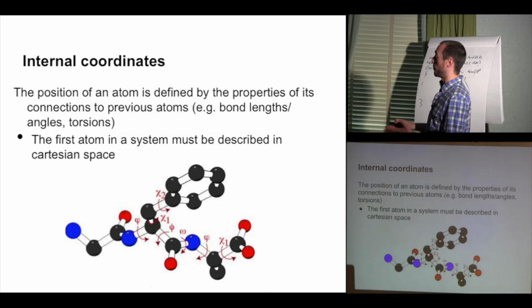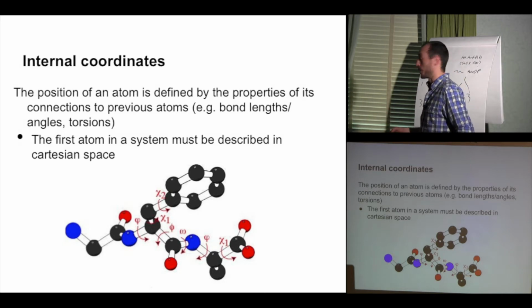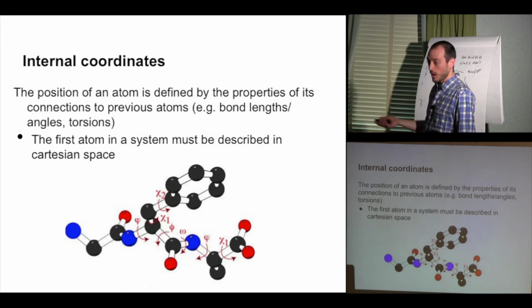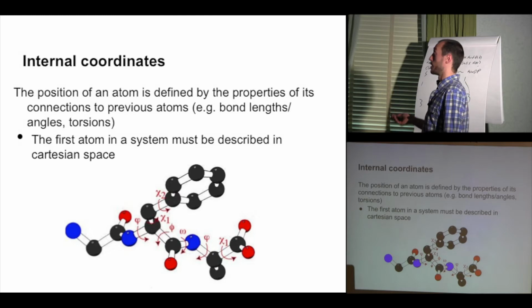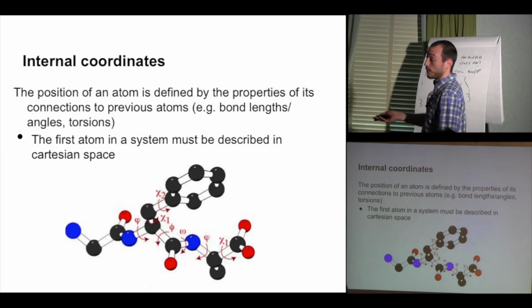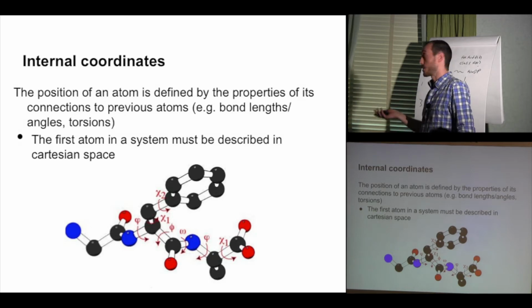You think of bond angles and bond lengths and torsion angles, and those are all internal coordinates. So this is a really natural way to think about protein structure, and a natural way to think about changing protein structure, but it has some repercussions that you need to be aware of if you're dealing with an internal coordinate system.